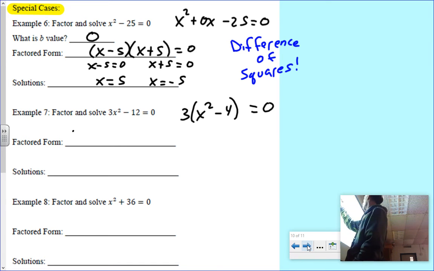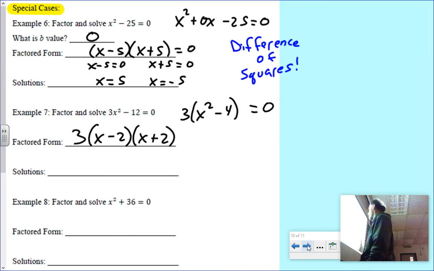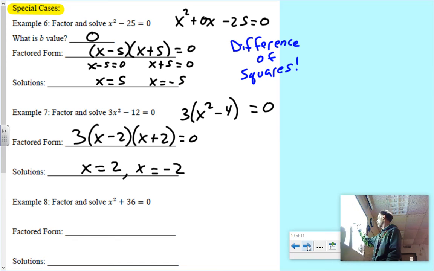So my factored form, the 3, the GCF, just hangs out, then x minus 2 and x plus 2. And my solutions are 2 and negative 2. You could also write that as a little shorthand: x equals plus or minus 2, and that's okay too.